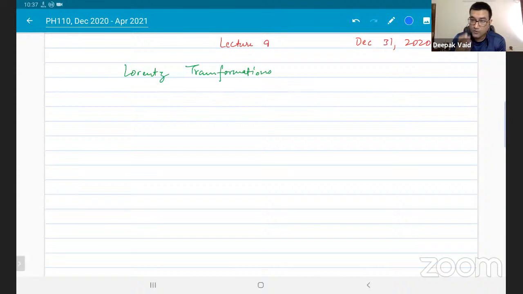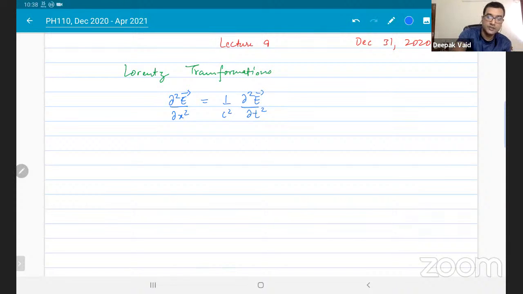So let's look at Maxwell's laws, and let's try to think of a transformation which will leave this equation invariant under a change of coordinates. Let's try to come up with something which does that.